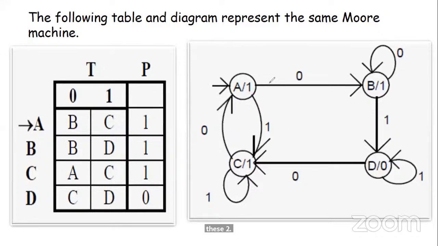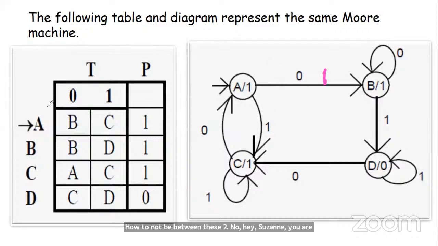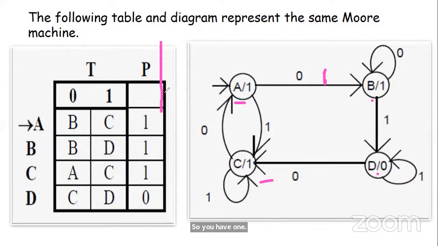Now, let's assume that you are given this diagram here, and you're asked to draw this table. The first thing is that you identify the number of states you have. So you have 1, 2, 3, 4. You have 4 states. So you draw your lines.